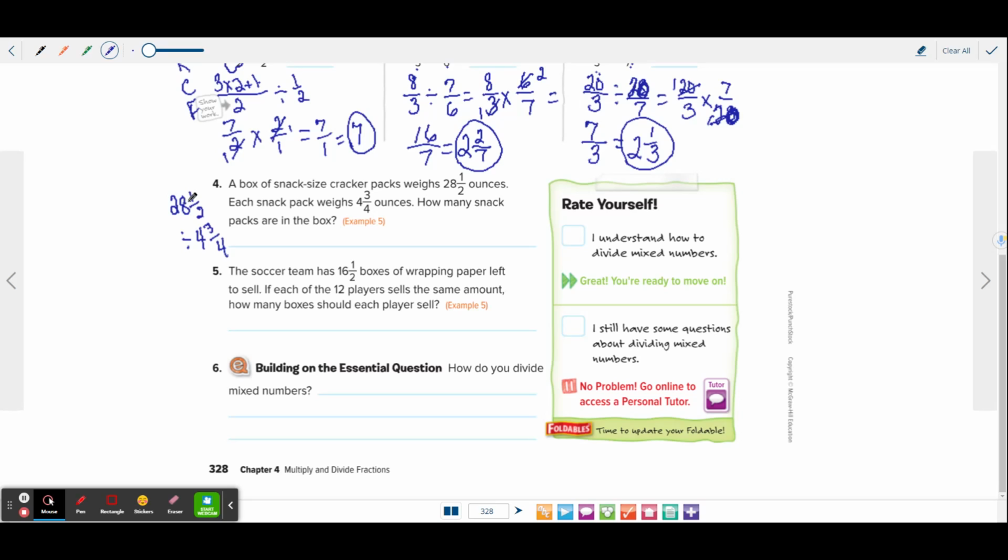Okay, so the 28 1/2, we have 28 times 2, which is 56, plus 1 is 57 halves, divided by, and then 4 times 4 is 16, 17, 18, 19 fourths. So then we do our keep, change, flip. Keep that one, change the sign, and flip that.